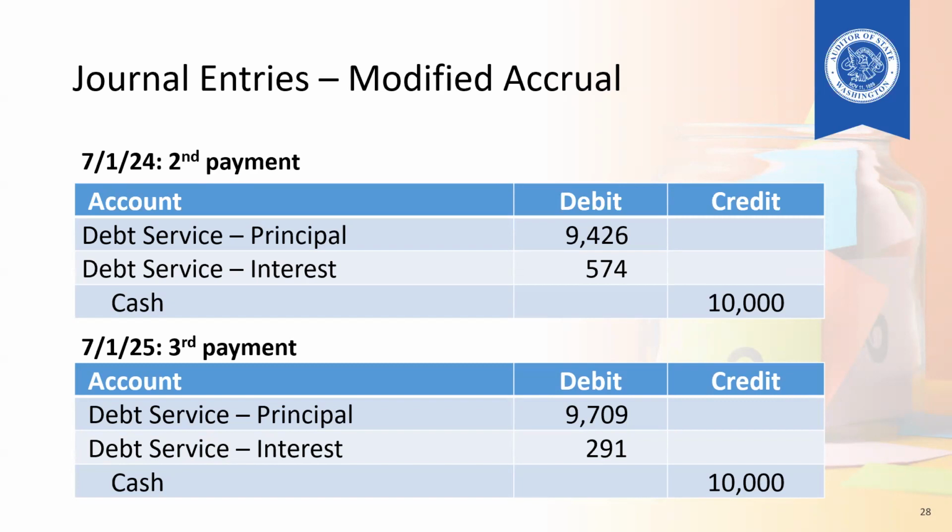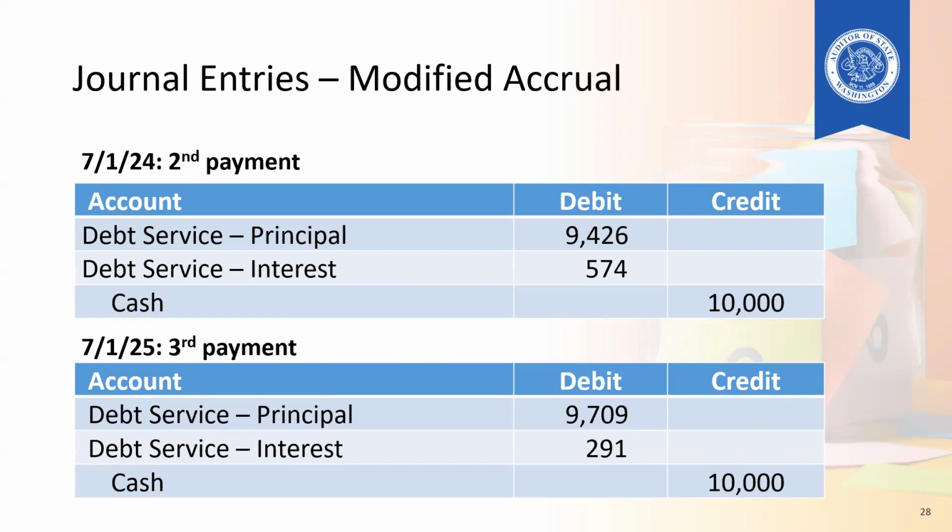That means our next journal entry won't be made until we make the second payment. And the second payment, we do split between principal and interest using our amortization table from step 2. And when the second payment is made, again, you would record the taxes and technical support expenditures. I'm just not showing you those journal entries because they're exactly the same as the entry on the previous slide.